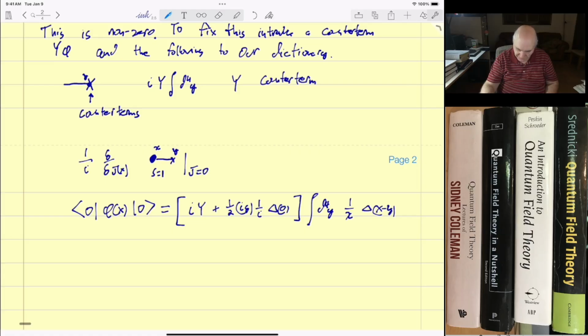And then we're left with two diagrams, one of which is the counter term diagram, which is just iy, the integral of d^4y, I don't know why I wrote x there. This is 1 over i Δ(x minus y).